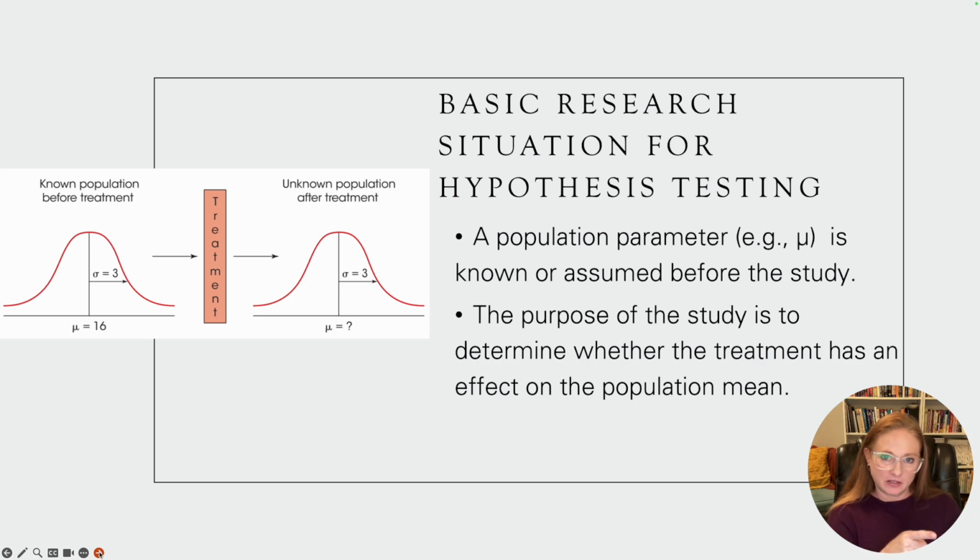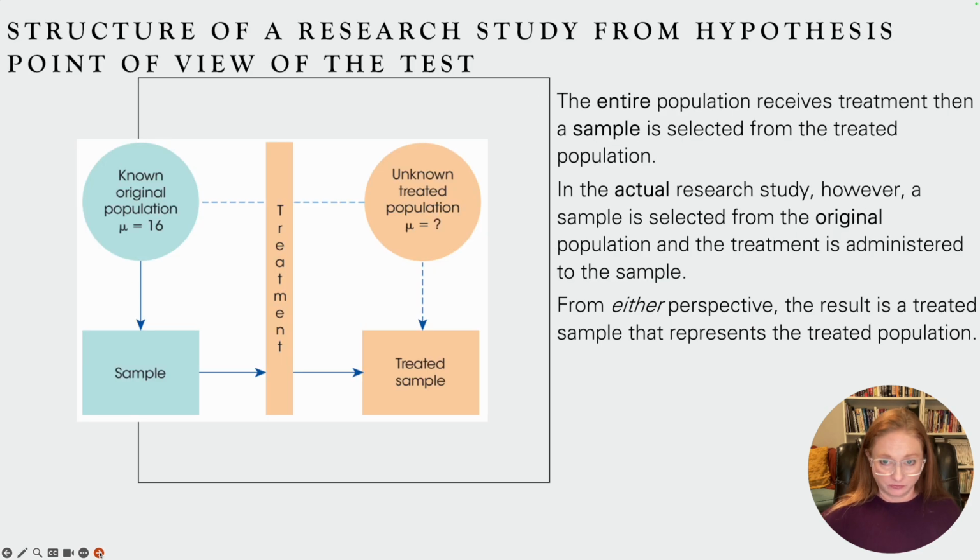So on the far left-hand side of the picture there, we have this known population before the treatment. The average is 16 with standard deviation of 3, right? We do the treatment. They go through a research study. And then at the end, well, we don't know, right? So the purpose is through this hypothesis testing, can we make a determination?